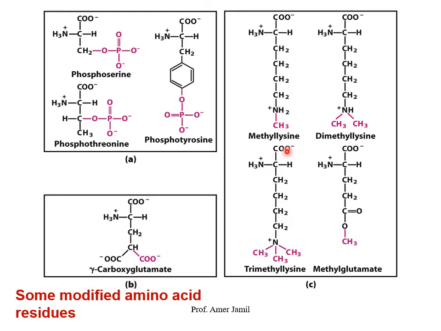Similarly, still others may contain methyl groups like methyl lysine, dimethyl lysine, methyl glutamate, trimethyl lysine, and so on. And there are a lot more variations, like some proteins are glycoproteins, others are lipoproteins, some are metalloproteins. You can find in the textbook what different types of post-translational modifications take place.